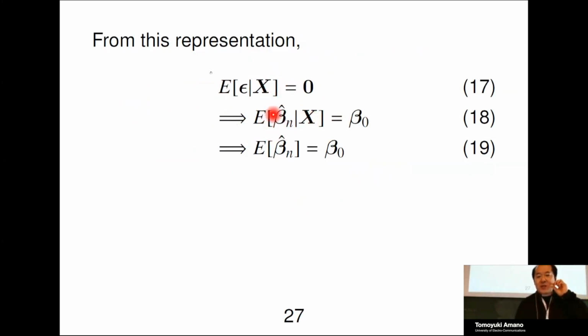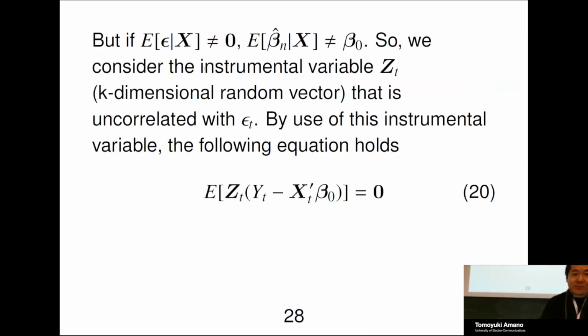So this OLS is consistent. But if the conditional expectation is not 0, the conditional expectation of OLS is not beta 0. So we consider the instrument variable.